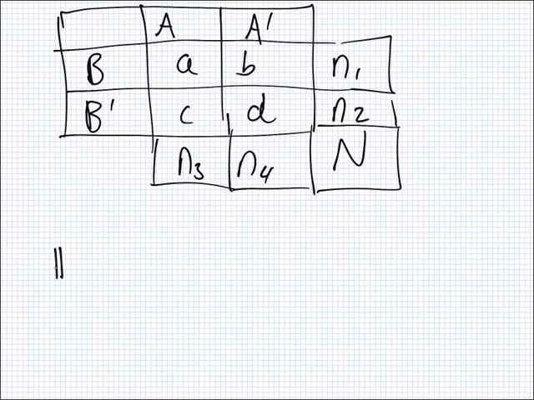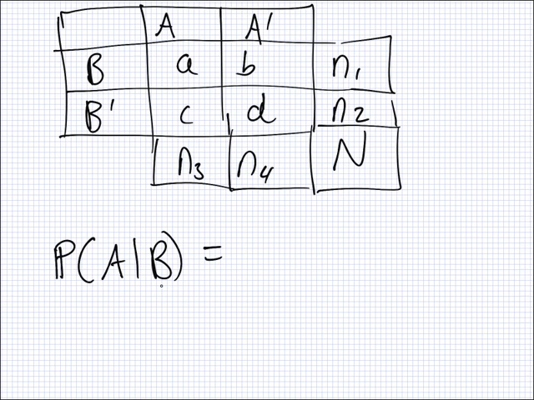So, suppose I ask you for something like the probability of A given B. Now, how did we do that when we had tables? Probability of A given B means we're just looking among which group?